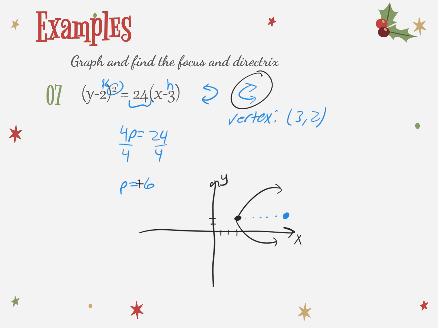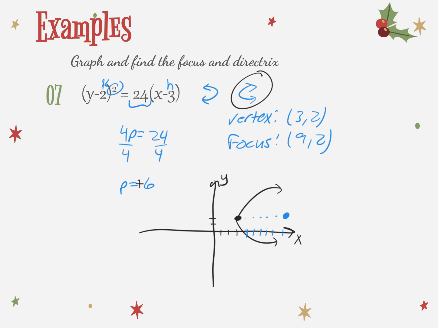Right? Remember, our parabola is always facing our focus. And we end up at an ordered pair, 6 units from our vertex, and it's going to be at 9, 2, right? 2 stays the same, the y doesn't change, but your x coordinate changes 6 units.